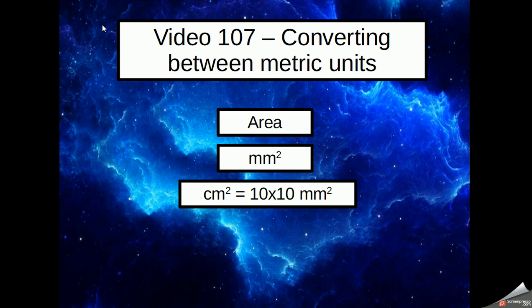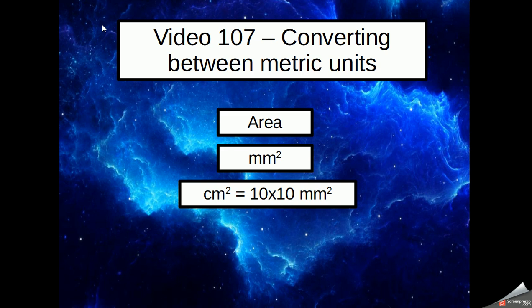Now the next one up, unsurprisingly, is the centimeter squared. But there's not 10 millimeters squared to a centimeter squared, and this is where some people get tripped up. You have to think of a centimeter squared as a square.